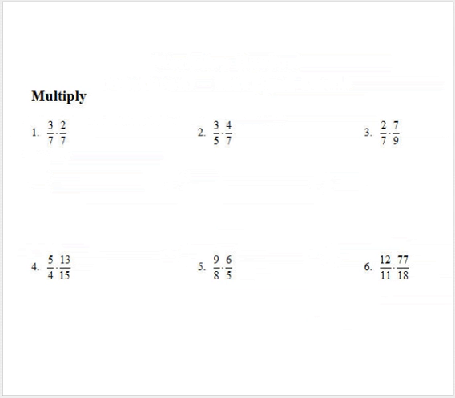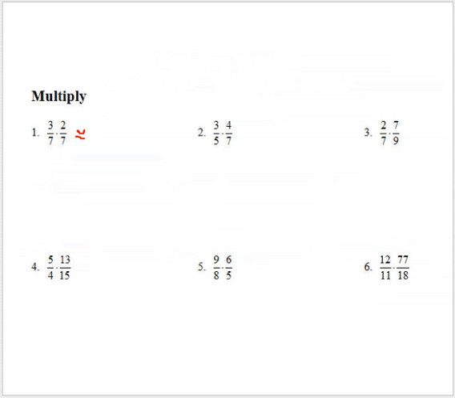Okay, great. Everybody is done. Let's review these quickly. I'm going to ask one at a time this time. Jasmine, tell me what's your answer for number 1, please. Okay, Jasmine says 6 over 49.